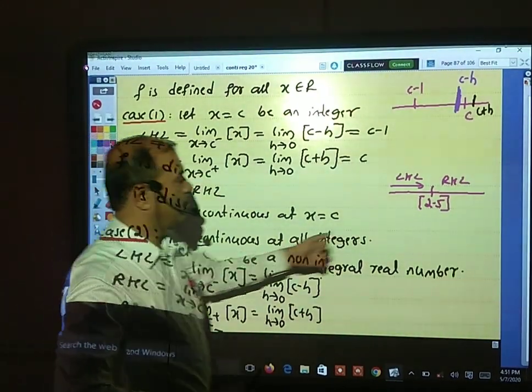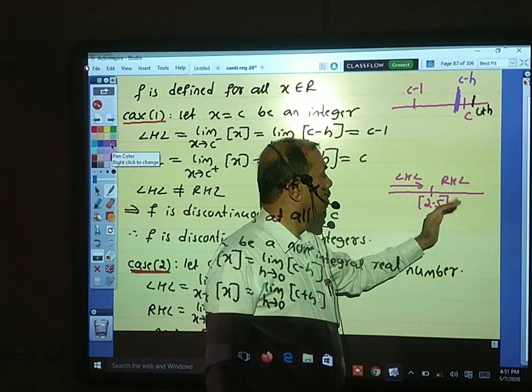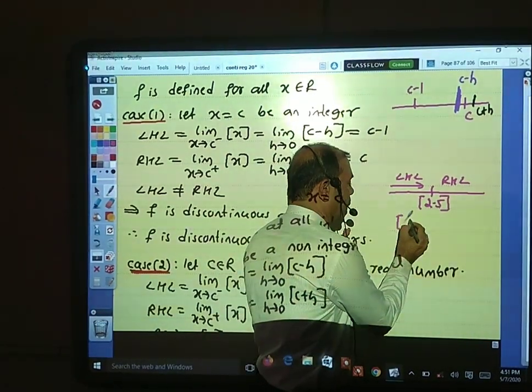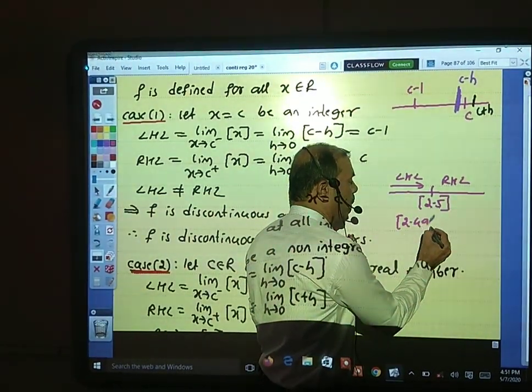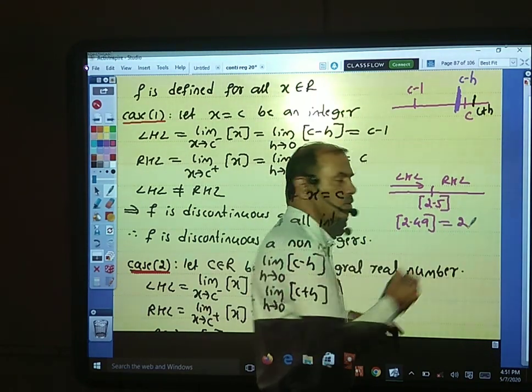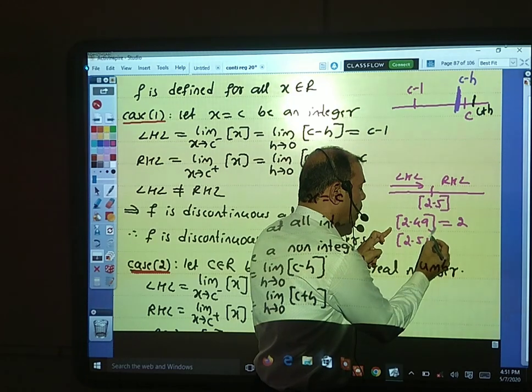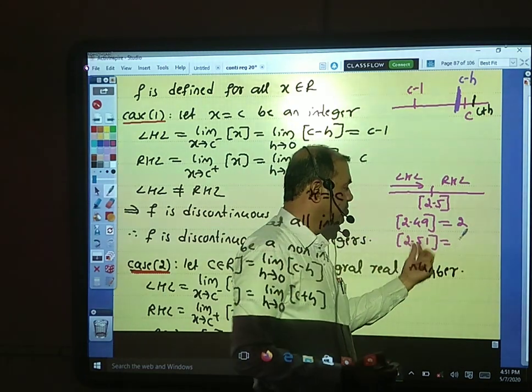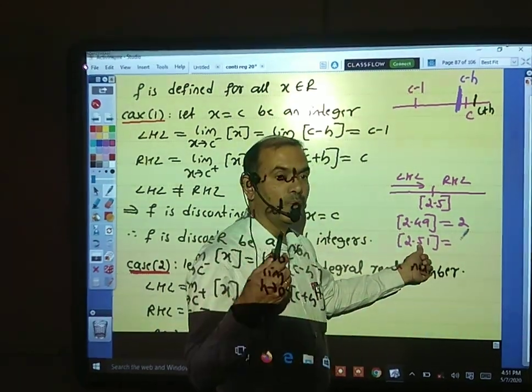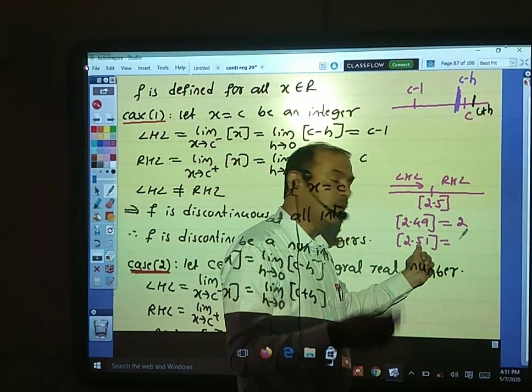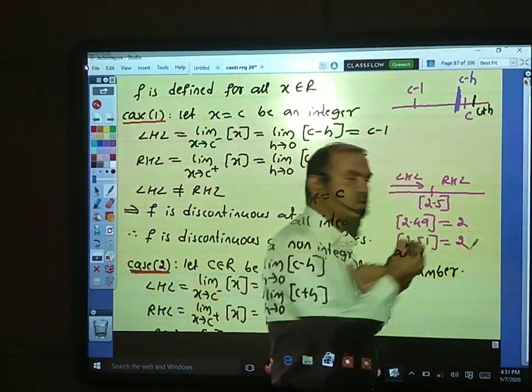Suppose I check at the point say 2.5. To the left side, I can take 2.49. What is your answer? 2. To the right side, say 2.51. What is the greatest integer which is less than or equal to 2.51? That is also 2.